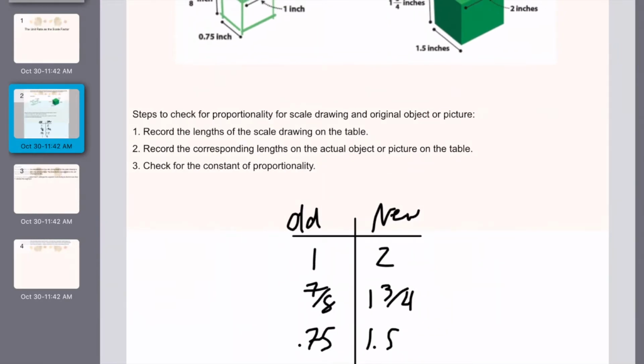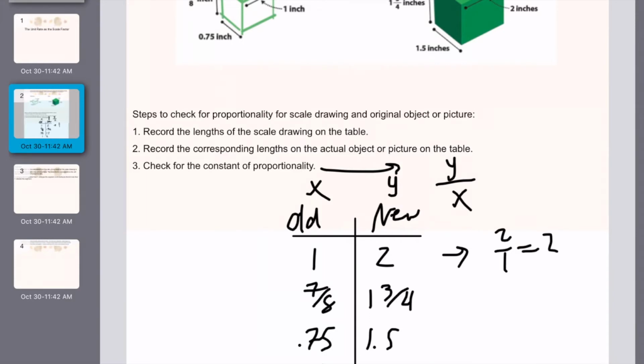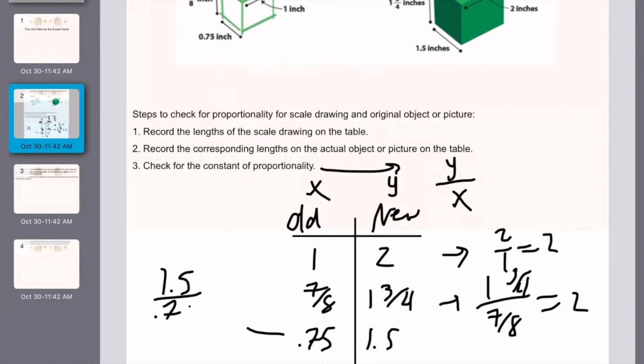And I know that I can find my constant of proportionality by doing y over x. So I have to think of x as my old and y as my new. If I just do 2 divided by 1, I get 2. If I do 1 and 3/4 divided by 7/8, I get 2. If I do 1.5 divided by 0.75, I get 2.